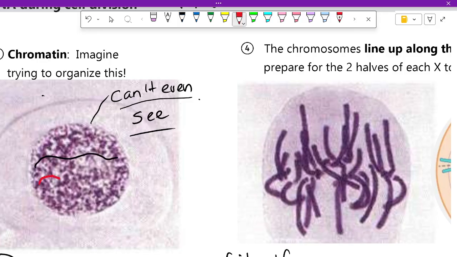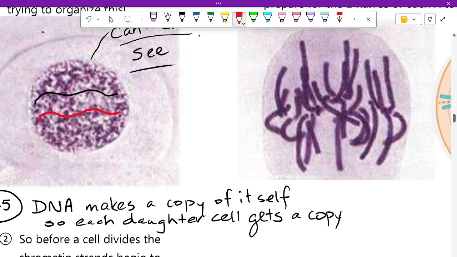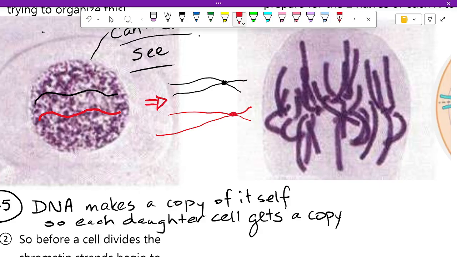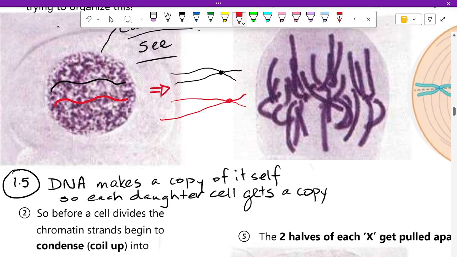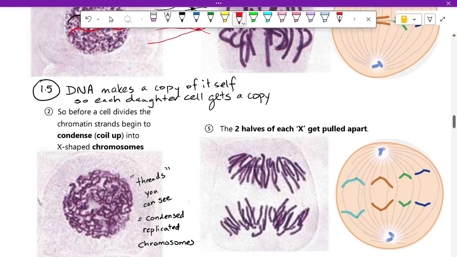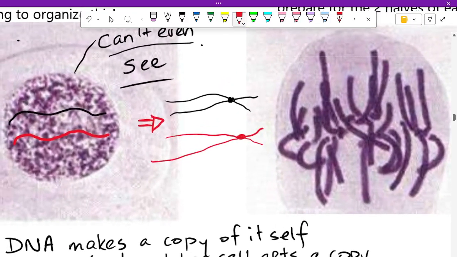That one is number 4 from mom. And then the DNA makes a copy of itself. So you'll end up with the long, thin, noodly form making a copy. And then you have the long, thin, noodly form that makes a copy. But then they coil up into threads you can actually see. Like these would be so thin you can't see.